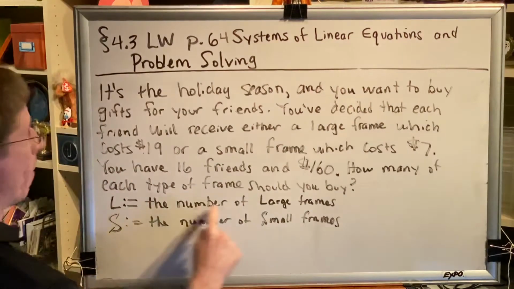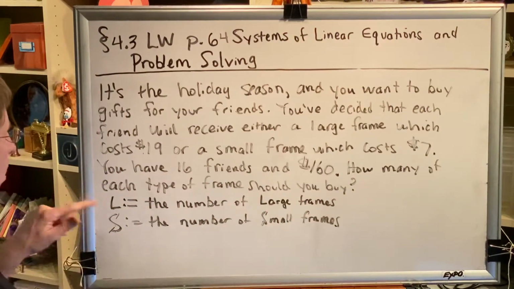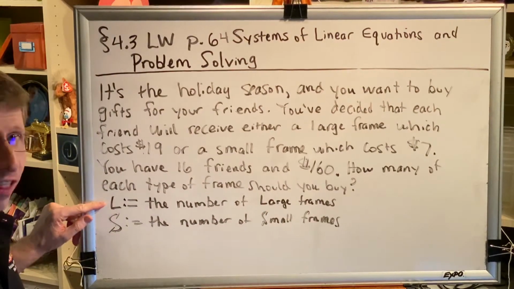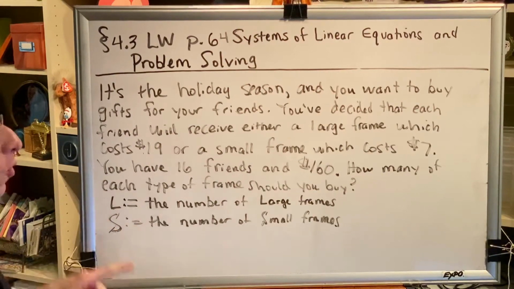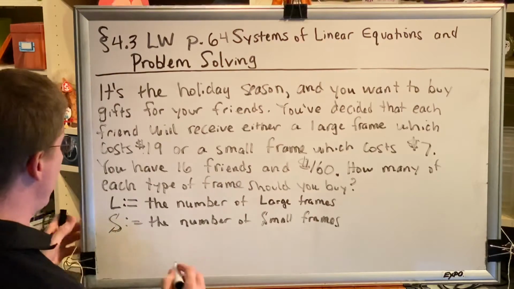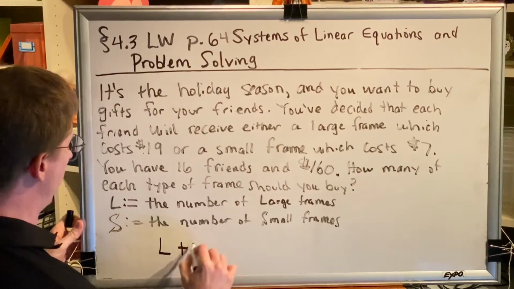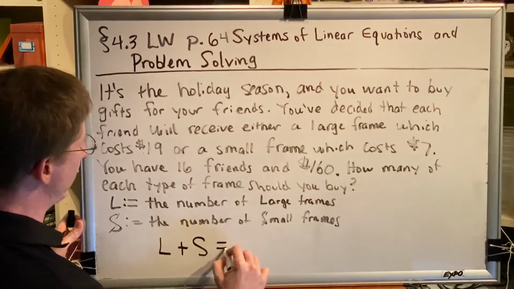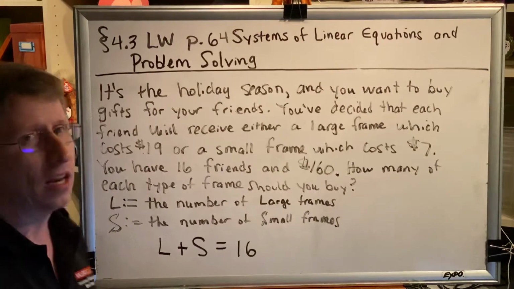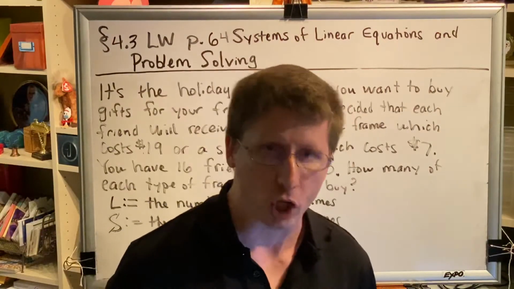Now, we know that the number of large frames can just be written with the algebraic letter L, and the number of small frames can be written with S. So putting this together, we get the following equation. L plus S equals 16. 1 down, 1 to go.